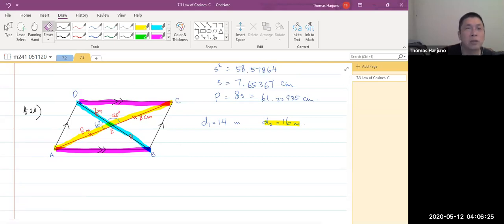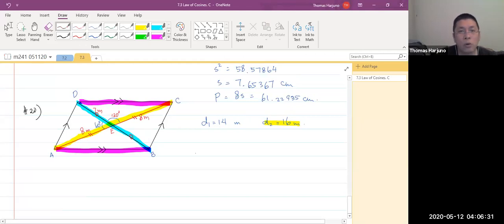Oh, meters. That's right. Thank you. So side DC squared equals 7 squared plus 8 squared minus 2 times 7 times 8 times cosine of 120 degrees. Okay, and then from there you compute, you will be able to finish it.